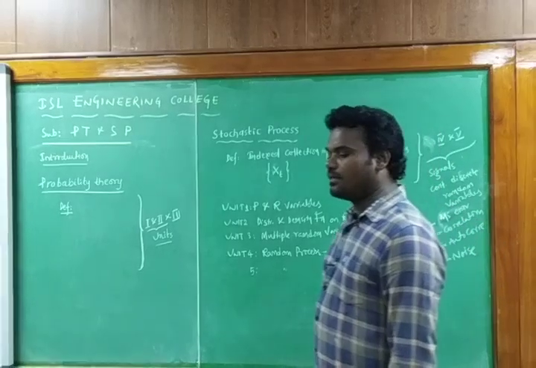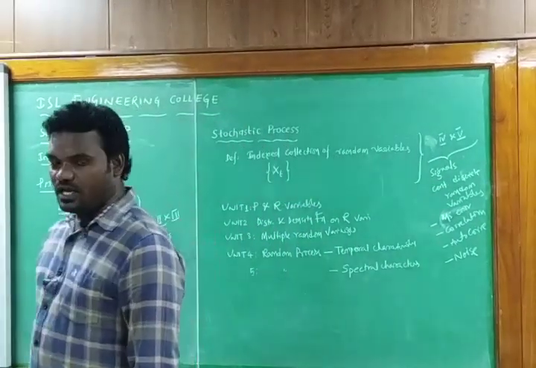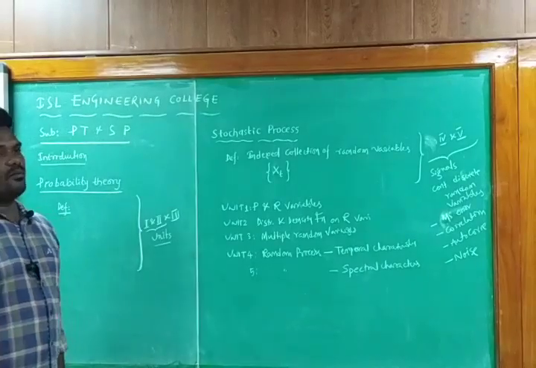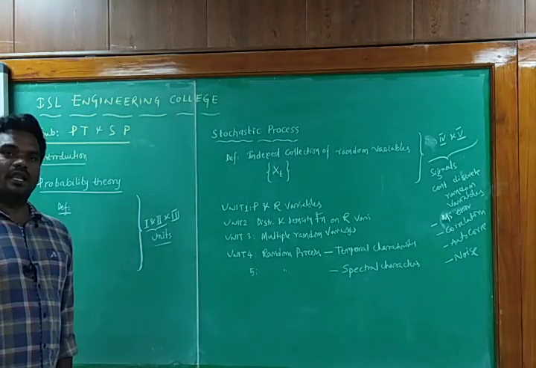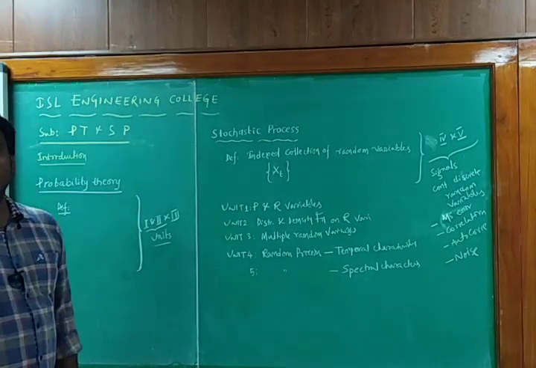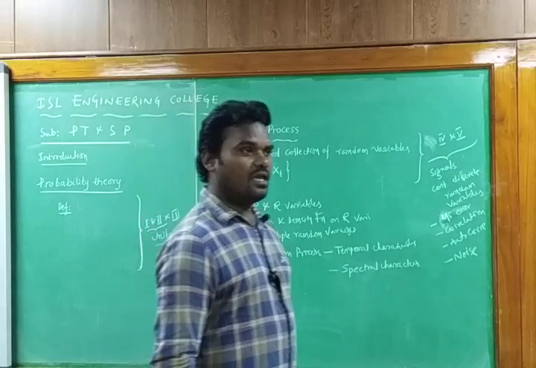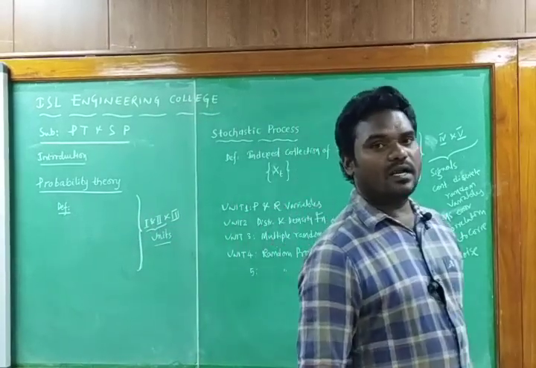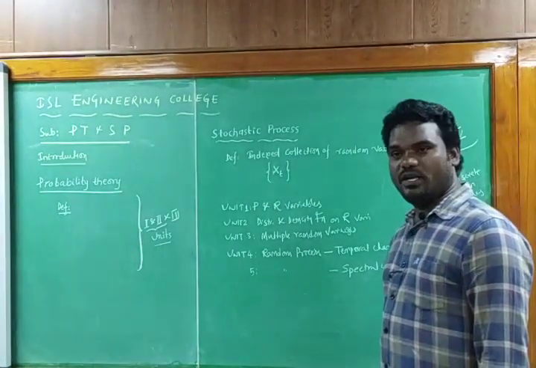When modern mathematics is in relation with analysis, algebra and topology, that particular branch of mathematics is called probability theory.